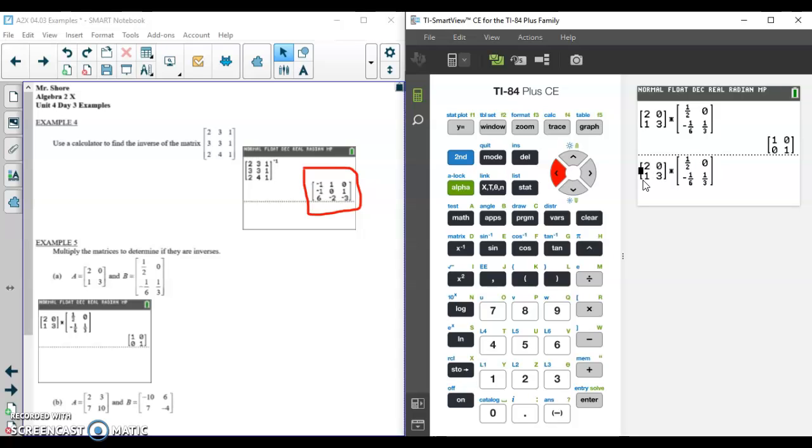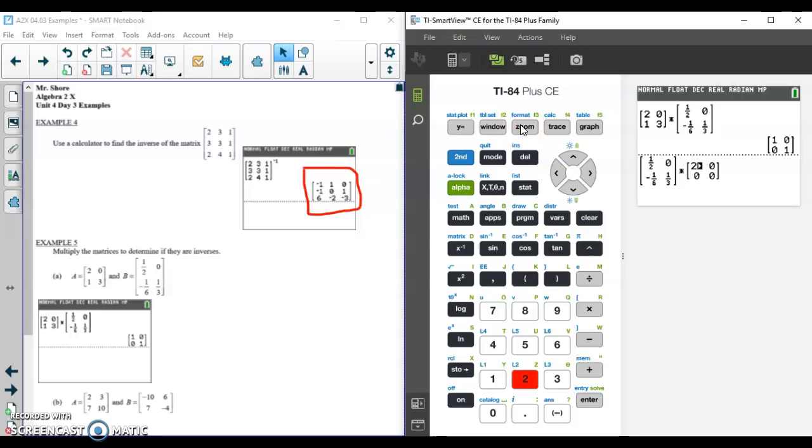So if I go all the way over here to the beginning and I just delete the first matrix and then go all the way over to the end and then go times and then just enter that matrix again in the reverse order.